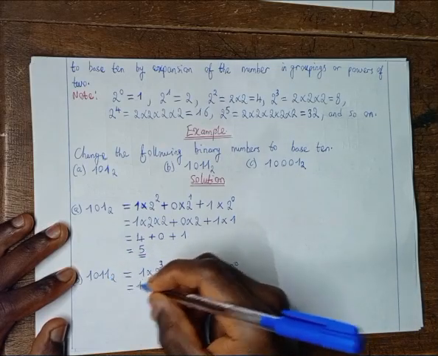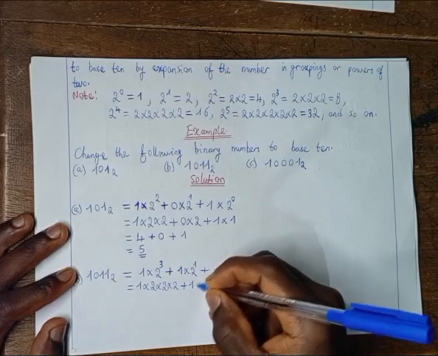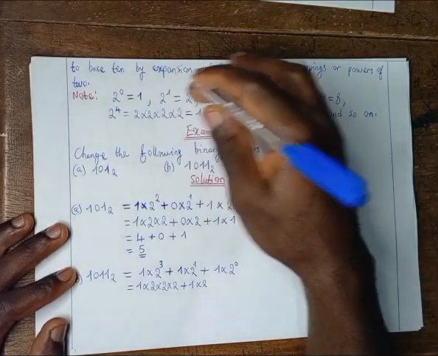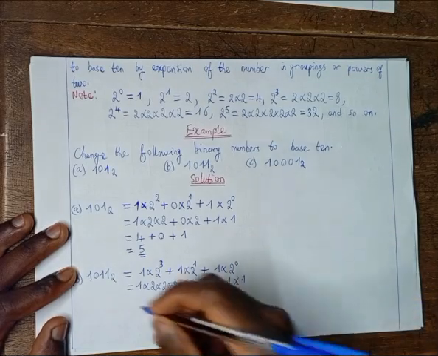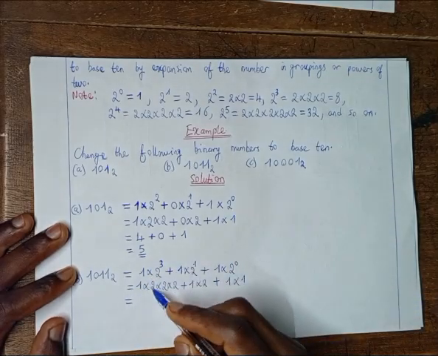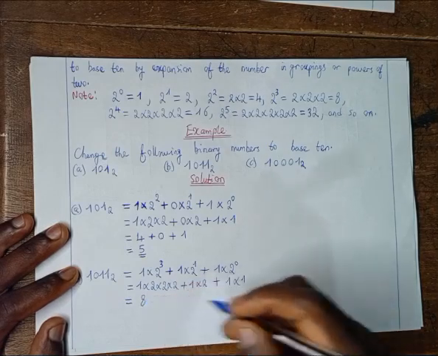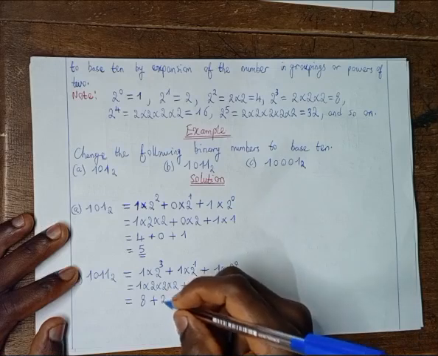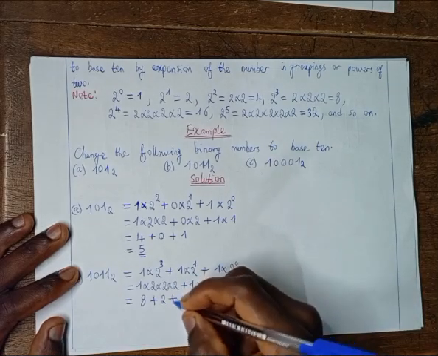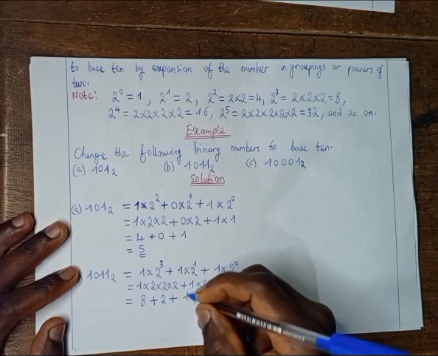So this gives us 1 times 2 times 2 times 2, plus 1 times 2 raised to the power 1, which is 2, plus 1 times 2 raised to the power 0, which is 1. So 2, 4, 8, plus 2, plus 1.